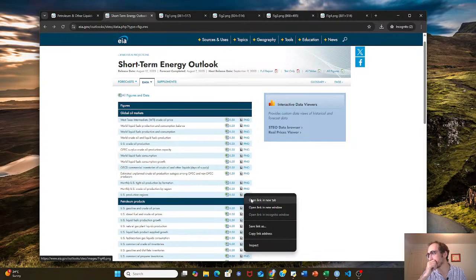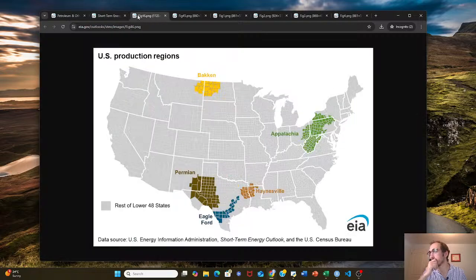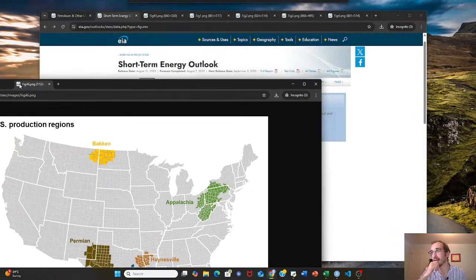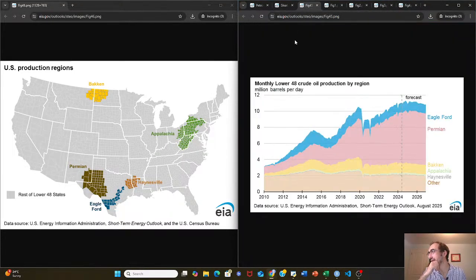Regions, let's go here. I said no to the other one mainly because I wanted to make sure there was a map. This is an interesting way to compare the different regions. Going forward, it makes sense.